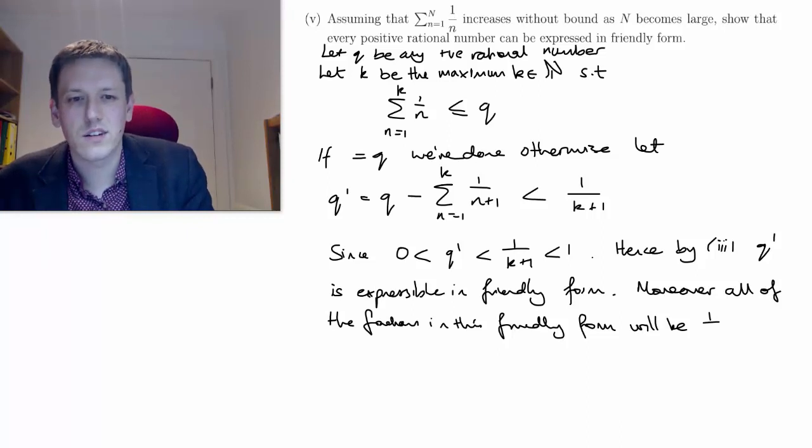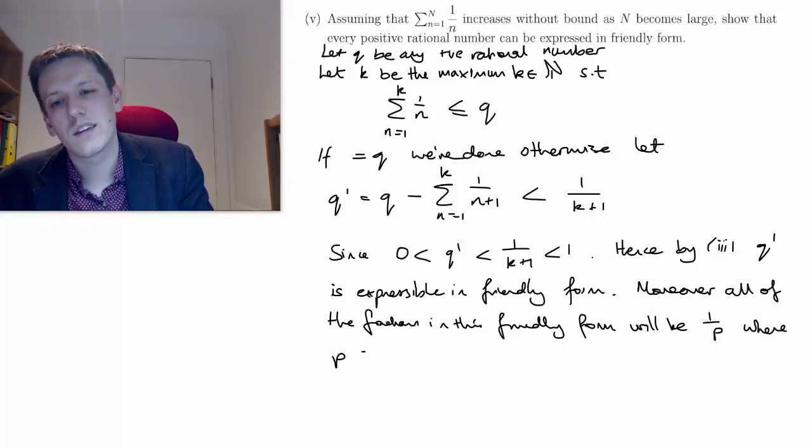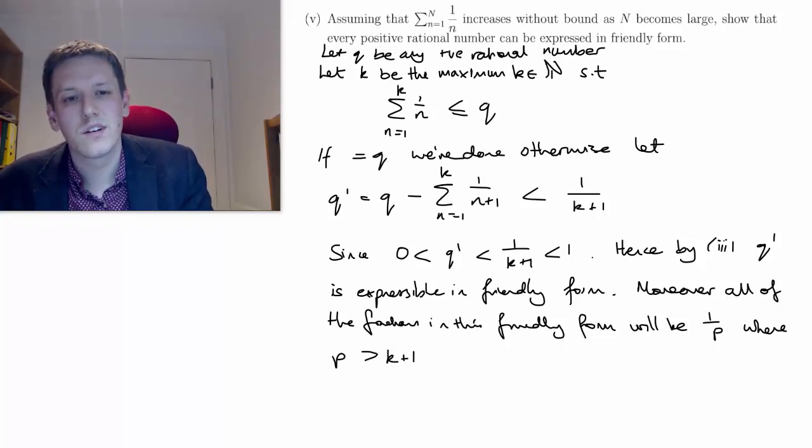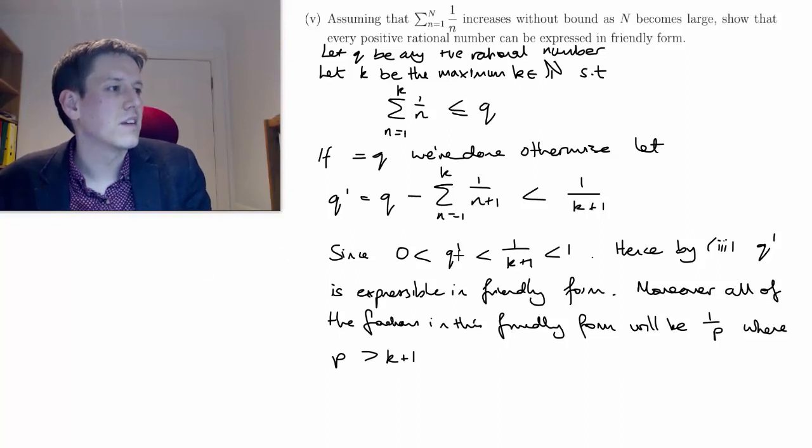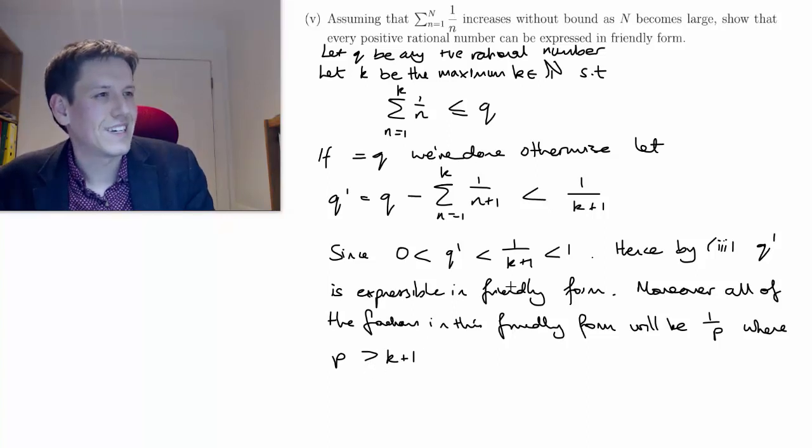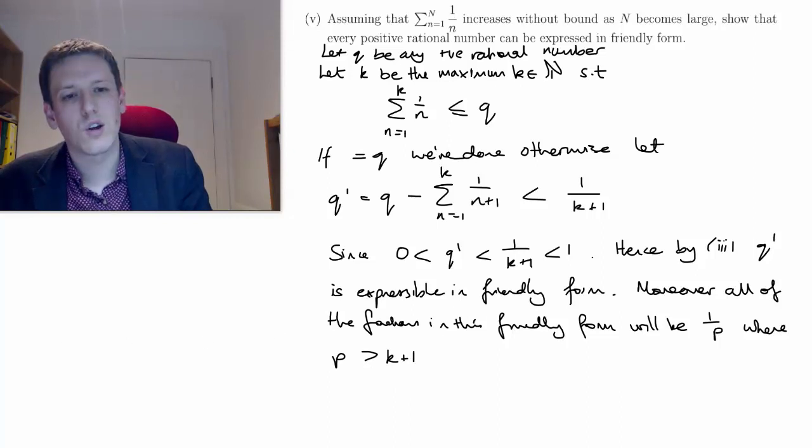values here. Let's just give it another name. So let's say 1 over p, where p is larger than k plus 1, because my q prime is smaller than 1 over k plus 1, so I can't use any fractions that are bigger than that.